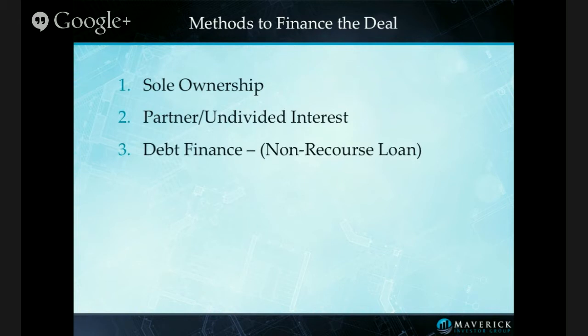The second scenario is partnering. Now, any partner is acceptable. You can partner your IRA with any individual, with any entity, any other IRA that you want. But it's important that you maintain undivided interest. Very quick scenario, $50,000 property, your IRA only has about $25,000 in it, you're putting $20,000 up to purchase that property.